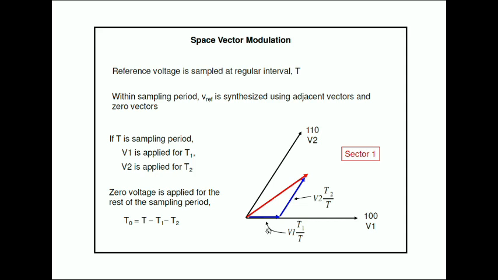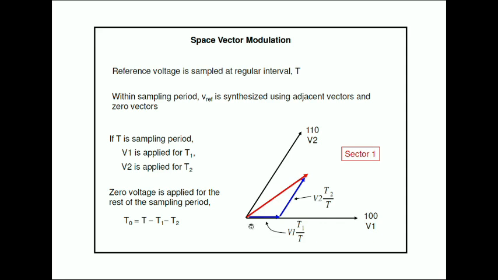Another zero vector is v7. V7 means 1 1 1, which means all the switches are active. Then you will get three vectors which are 120-degree phase shifted from each other, and if you add all of those, you will get a zero vector.